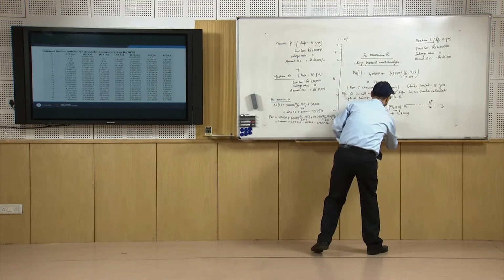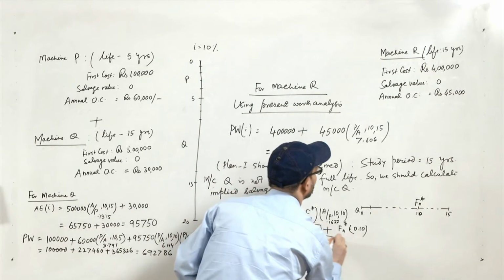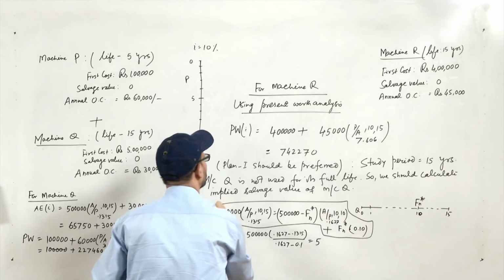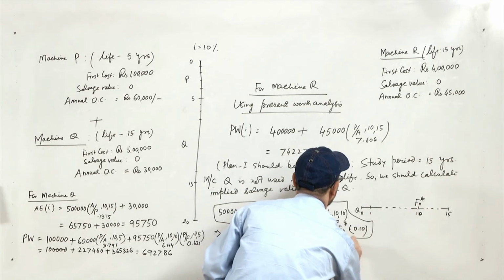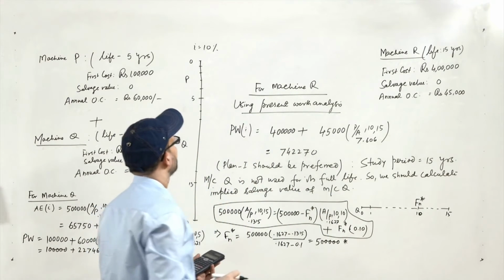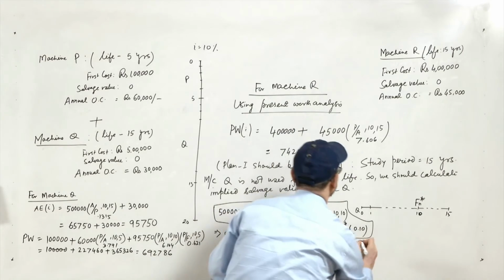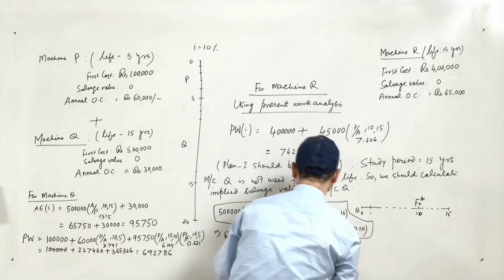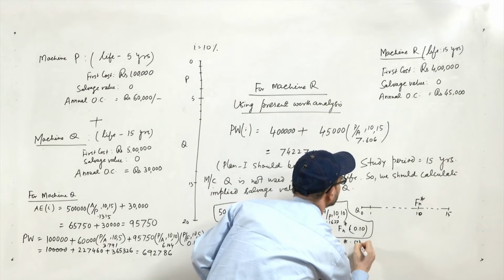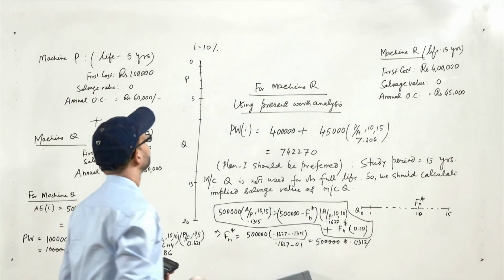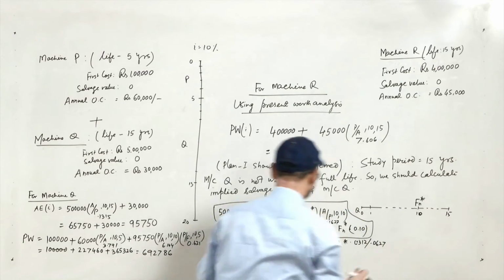So, it will be nothing but 5 lakh, this is our first equation. So, it will be 5 lakh multiplied by 0.0312 divided by 0.0627.